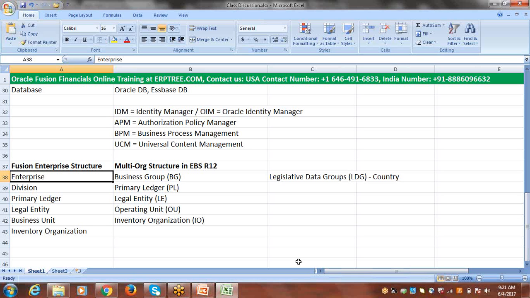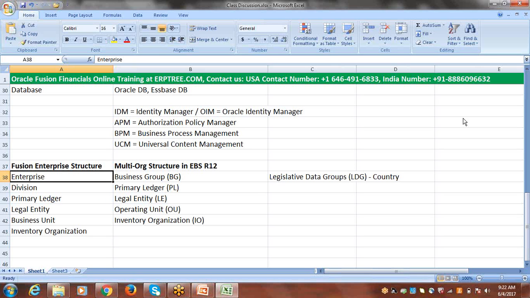Lakshman, I have a doubt. This is Manish. In EBS, all the HR-related data resides at the business group level. So in Fusion, it will reside at LDGs. Am I right? Yeah, LDGs. So again, you will be managing the HR organization definitions and all to manage the particular department or specific geography-related data. The same logic is applicable here also.